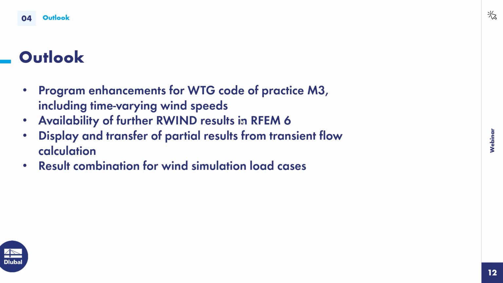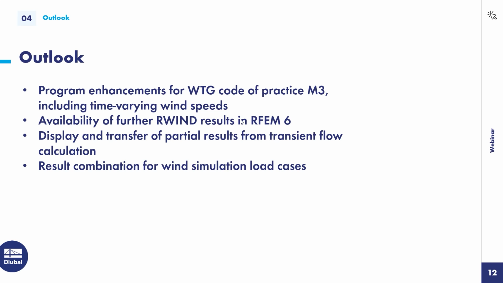The second thing we are working on is to bring more of our wind results directly into RFEM, so you don't have to leave for inspecting results to our wind. So we want to bring every result that is available in our wind also to RFEM 6.